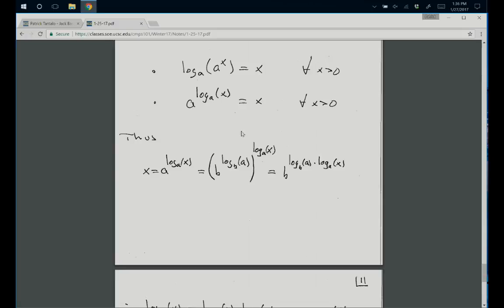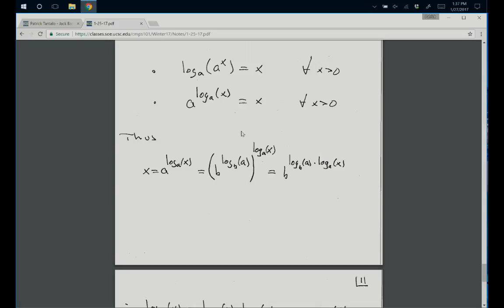x equals a to the log base a of x. That's just a fancy way of writing x. A fancy way of writing a is b to the log base b of a. That all to the log base a of x. Okay, so that just gives you x. Two different bases, a and b. So if I just take log base b of both sides, I get this equation. Log base b of x.